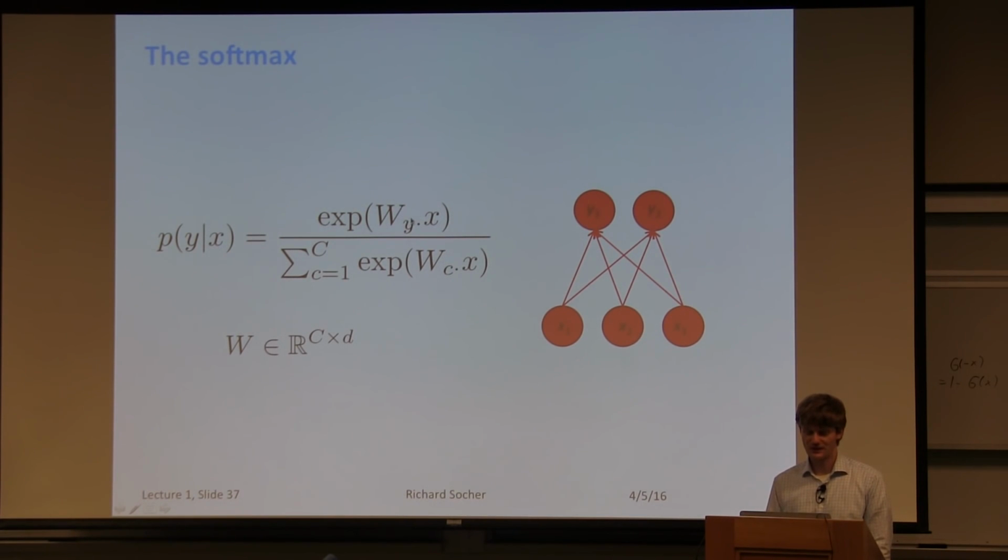We have our exponent here, and this notation W_y dot means that we take the yth row of our matrix W. If we have C classes, we'll have C rows and D columns. Because the row of W is already a row vector, we're not going to write the transpose here. And then we normalize this over all our classes so that the probabilities for all the classes y sum to 1.